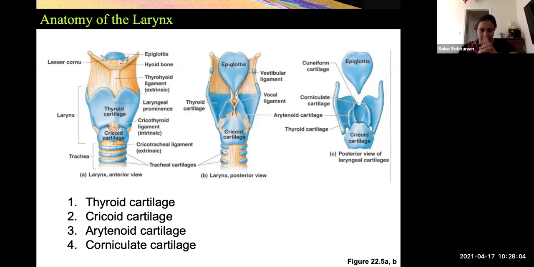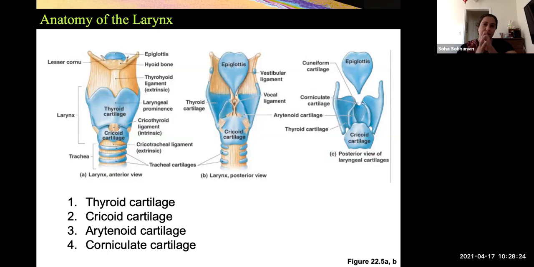Now, one of the first things I want to mention, which will help you connect the point, is that the largest cartilage, if you look at this picture, is called the thyroid cartilage. Thyroid cartilage is close to your thyroid gland, hence the name and the relationship between the two.